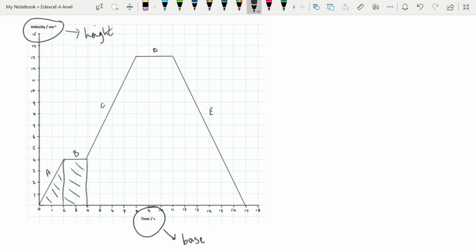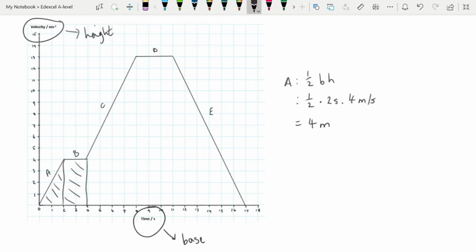As an example, let's do part A. A is a triangle, so it's half base times height. Our base is 2 seconds and our height is 4 meters per second, so that's a fairly simple calculation. That's going to be 4 meters. That's how you do the triangle one.